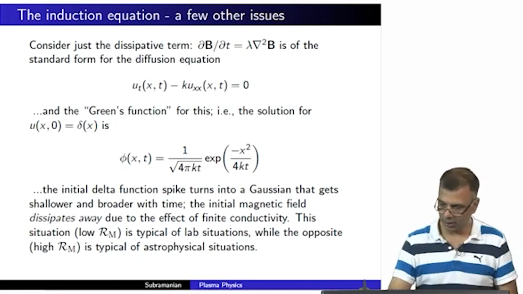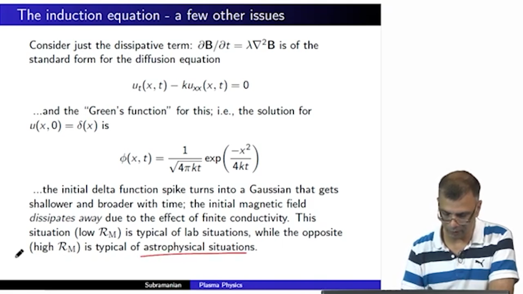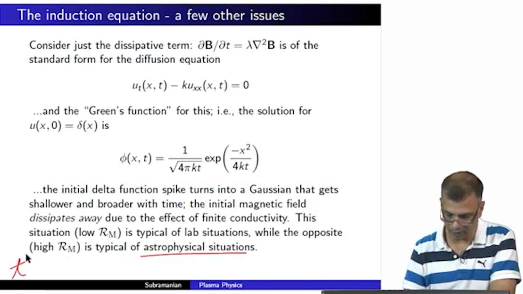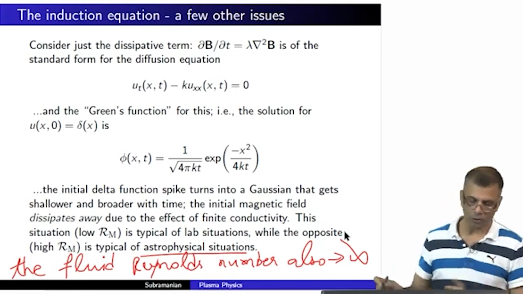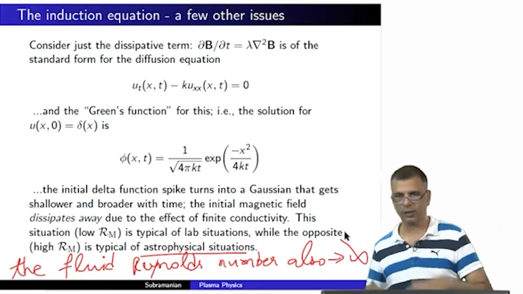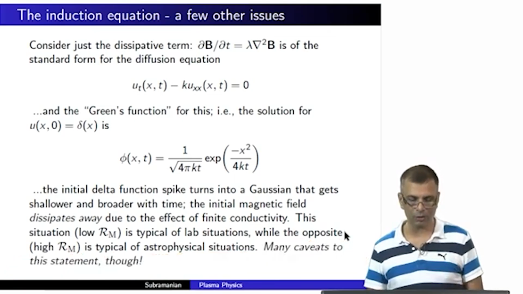So, in other words, in astrophysical situations, the fluid Reynolds number also tends to infinity. So, both the magnetic Reynolds number and the fluid Reynolds number in astrophysical situations are very high. This is something to keep in mind.